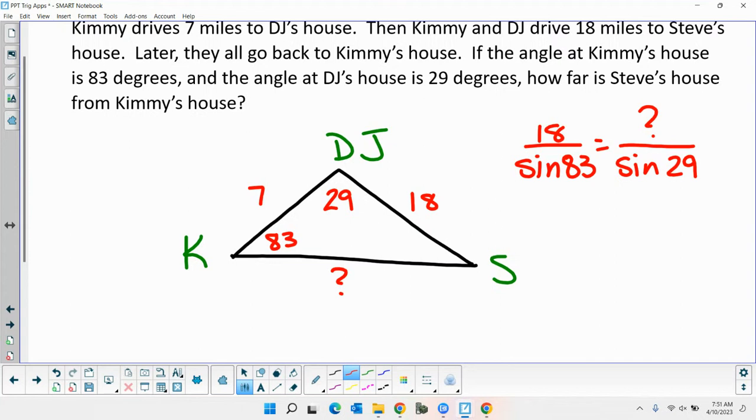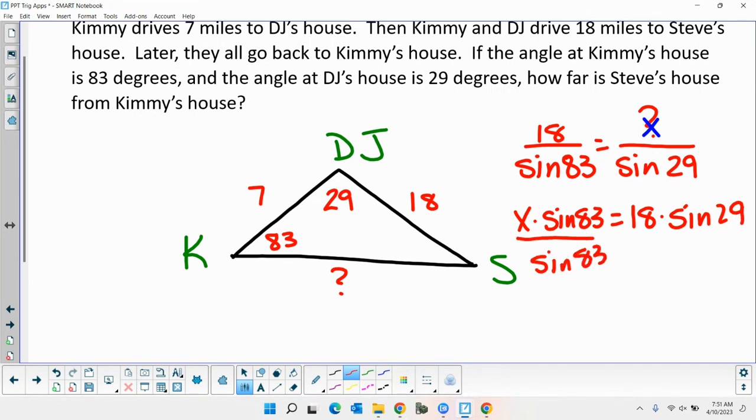So then cross multiply, right? So we'll just make this x instead of a question mark. So x times the sine of 83 equals 18 times the sine of 29. And then we're going to divide by the sine of 83.